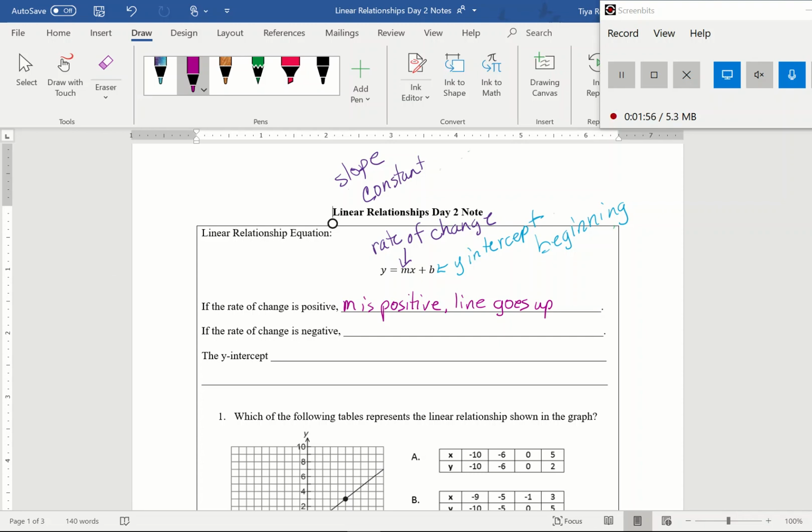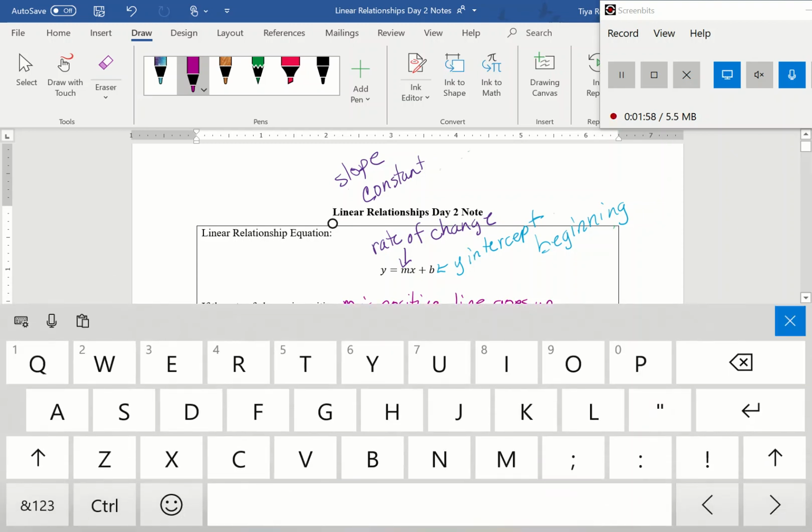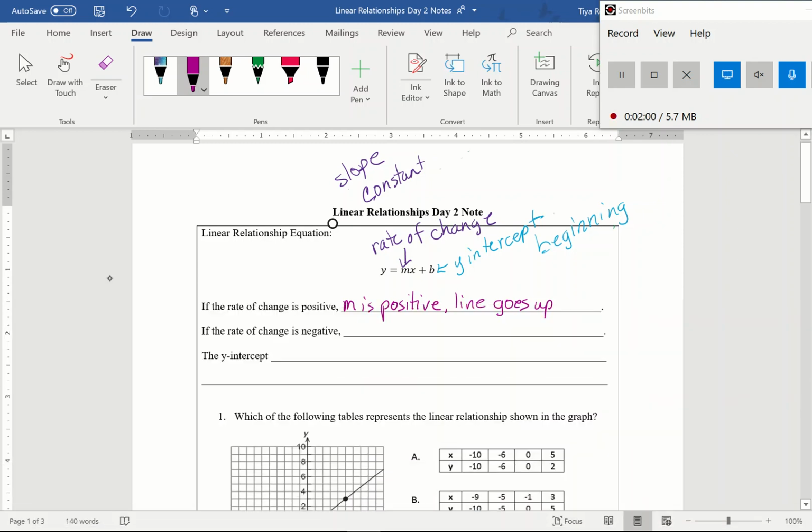If the rate of change is negative, m is negative, and the line goes down. We talked about how to do this with your hand yesterday. If your left hand is pointing up, then it's positive. If your left hand is pointing down, it's negative.